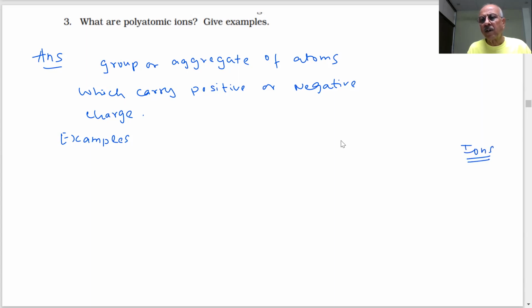If I say Cl minus, this has only one atom. This is not polyatomic. This is monatomic. But here, if I write CO3 2 minus, now how many atoms are there? 1 and 3, 4. And they are carrying a charge. What is this? Carbonate ion.